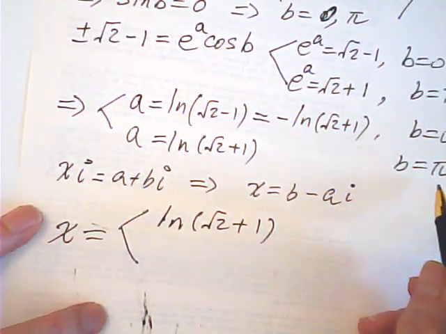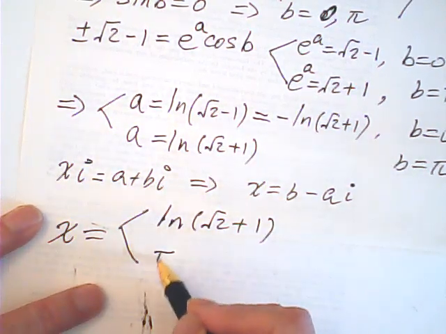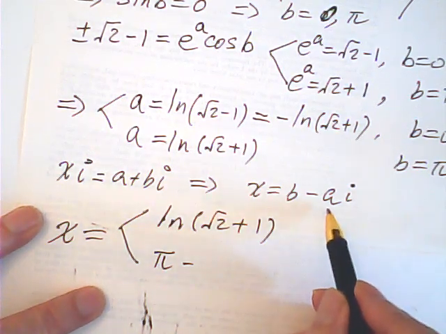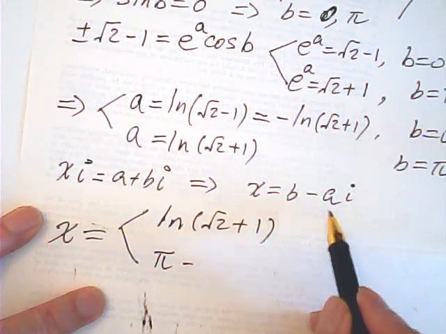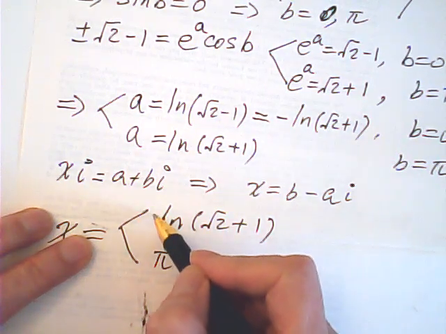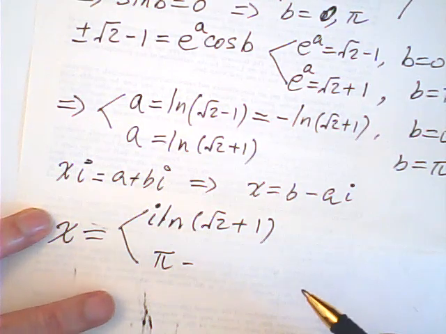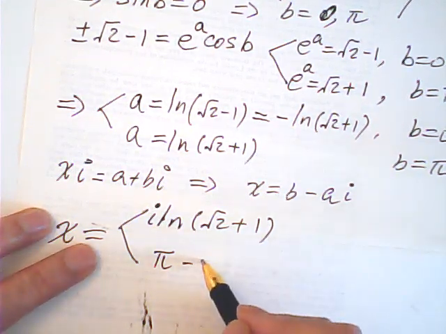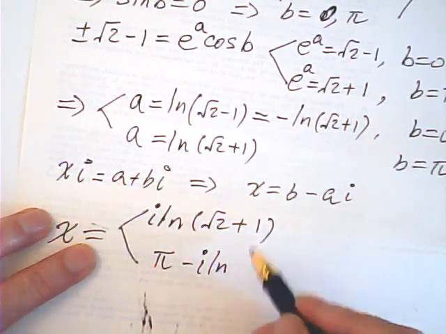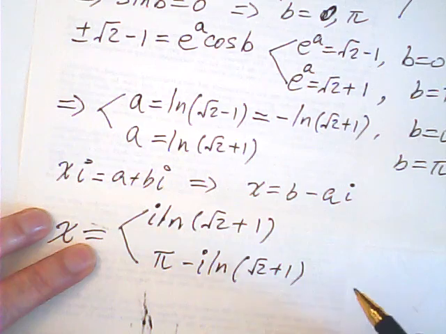The other case is that when b is pi, therefore this equals pi minus ai. A is this, right? I forget i. So pi minus i log root 2 plus 1. This is a, right?